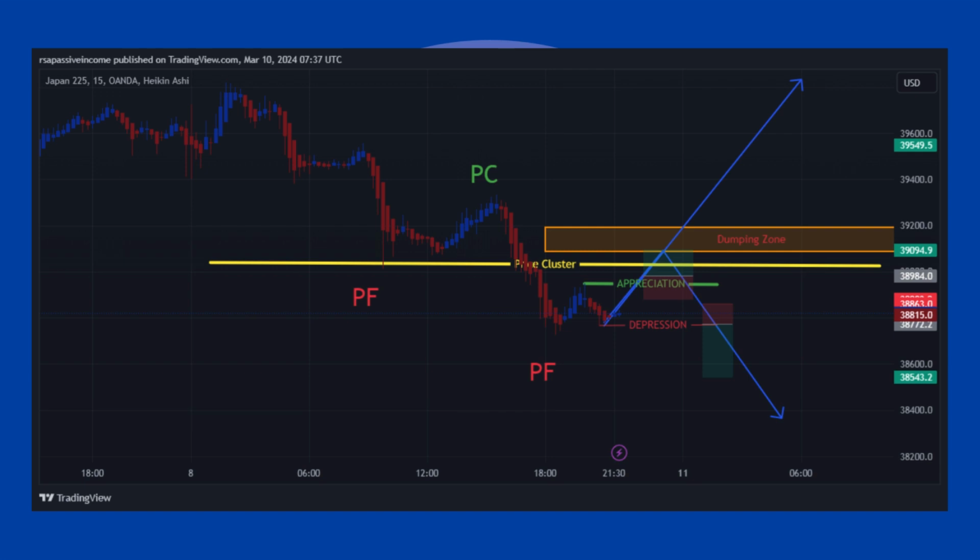If it breaks the dumping level and continues to the uptrend, then I'll trail my stop loss accordingly. But if it bounces back to the downward position, the next thing is to look at the appreciation and depreciation level and wait for price to come somewhere here while it's correcting to the downtrend, and look for 2 is to 2.5, trailing my stop.